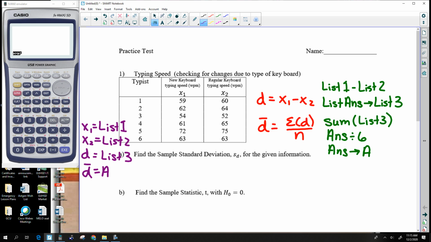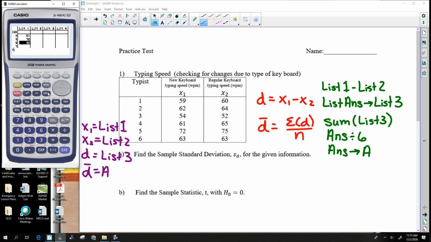So let's go ahead and set this up and accomplish those two little pieces of information right there. So if there's stuff in your calculator, let's get rid of it. So here we have 59, 62, 54, 61, 72, and 63.